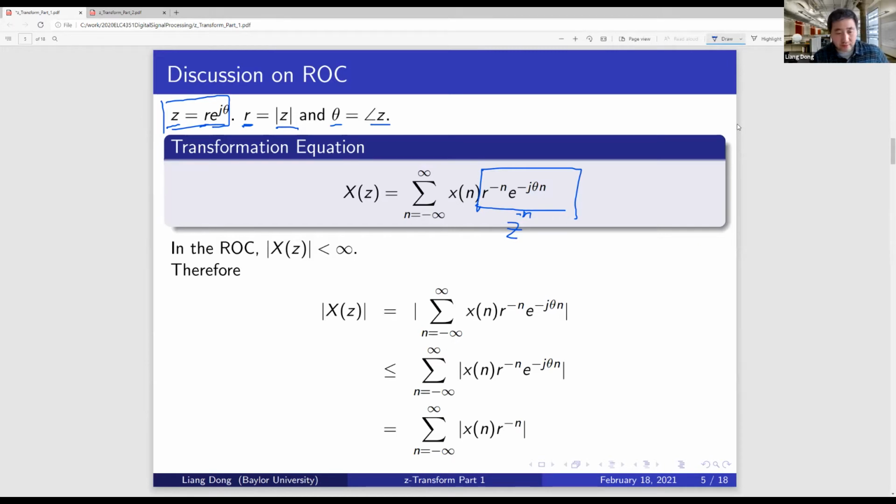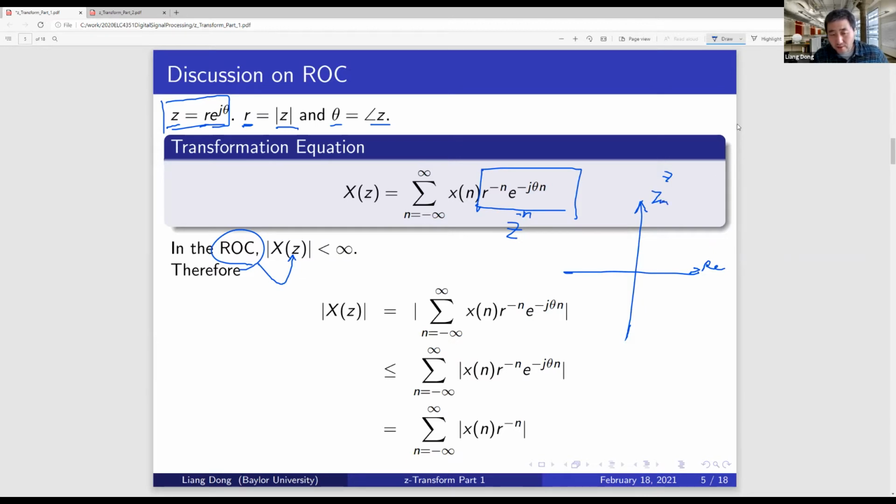Now, let me say that again. The region of convergence is that we're looking at this variable z. Where is the region? Well, this region is in the z plane, which has a real part and an imaginary part.